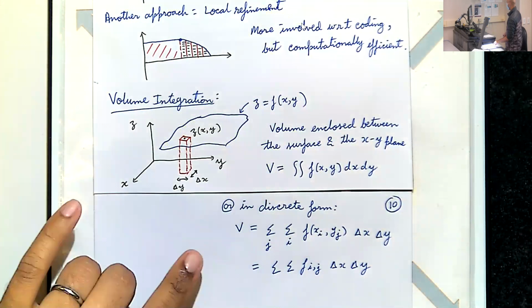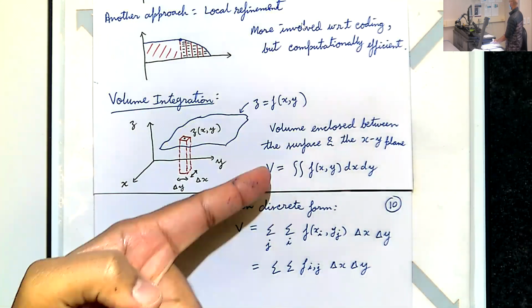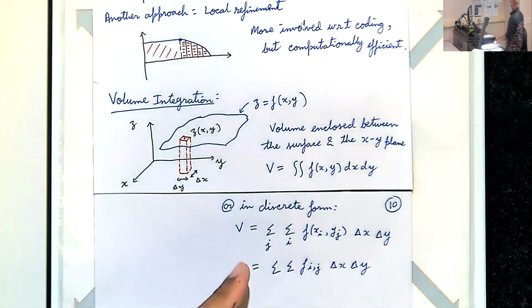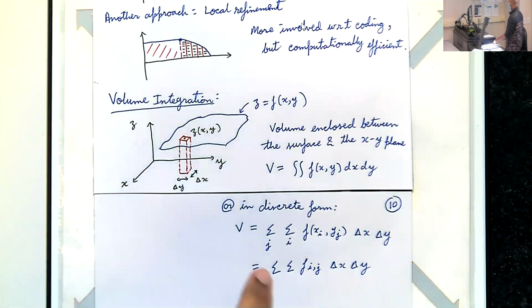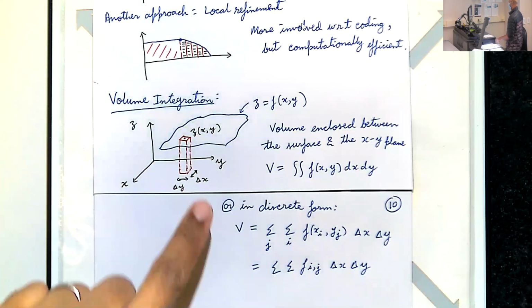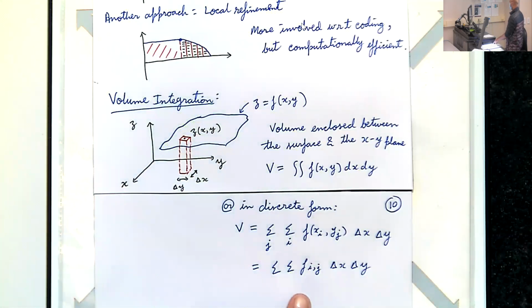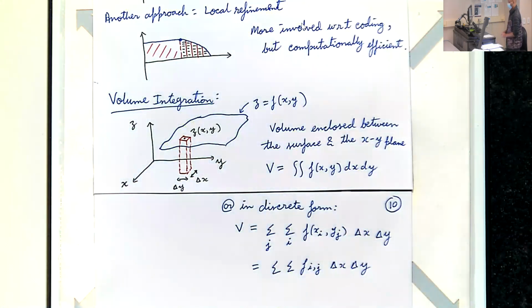Does this make sense? It's the same thing we were talking about on the slide, going from continuous to discrete. Delta x, delta y is the area of this cross section, and f(i,j) is just the height of the cross section. So this gives us the volume of each individual element that we cut.